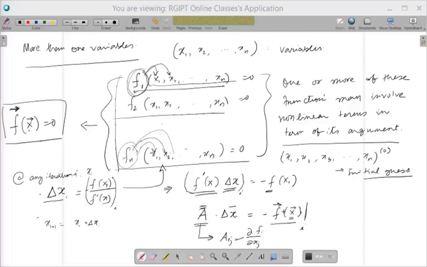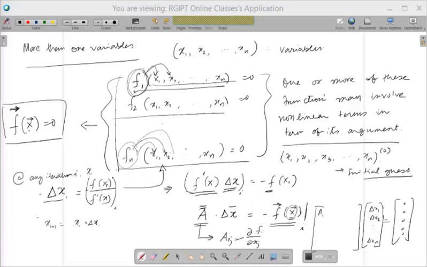If I have n variables, this will give me a set of n numbers, like a column vector: f1, f2, f3, etc. at given x_i's. That would be equal to delta x1, delta x2, up to delta xn, multiplied by the matrix.